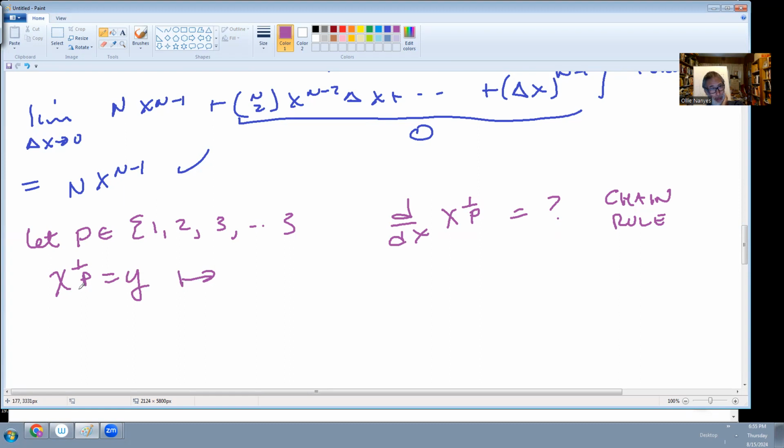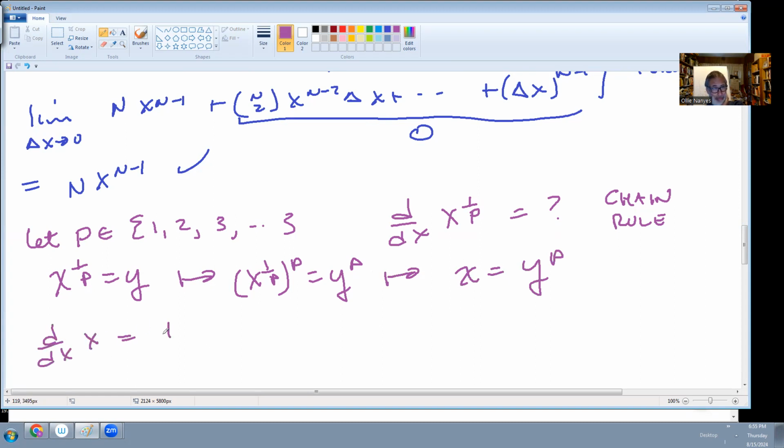Now let's raise both sides to the p power. This is now x equals y to the p. Now if I differentiate both sides, by the regular differentiation, that side is 1.